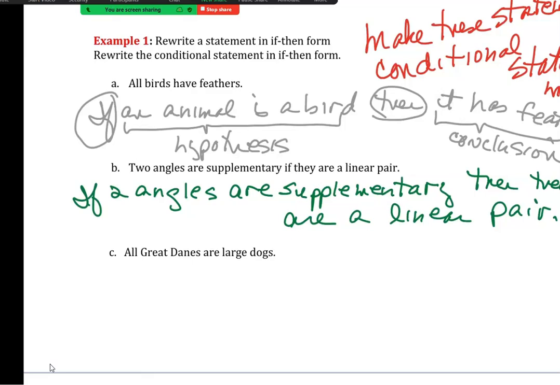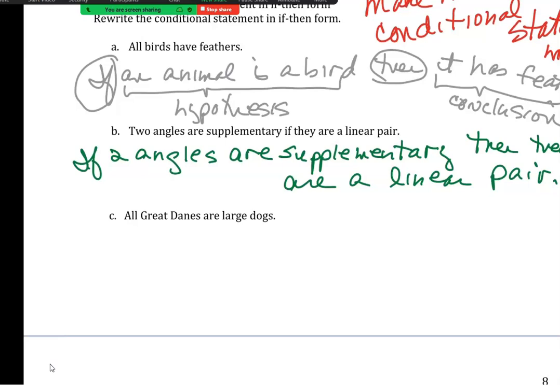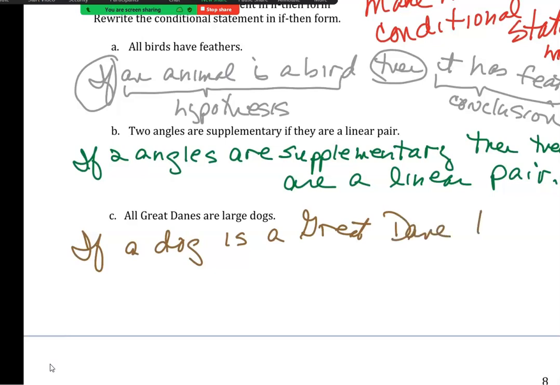Okay, here's another one. Here's a statement, all Great Danes are large dogs. I have to make it into an if-then. If a dog is a Great Dane, then it is large.